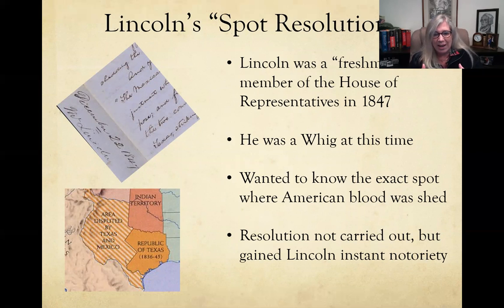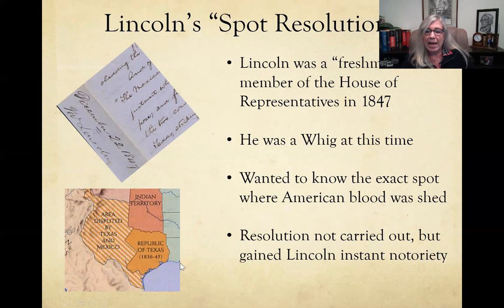He's questioning how all of this goes down, right? Was this some sort of staged event that would justify the war that Polk would want? As a Whig, Lincoln's demand becomes known as the spot resolution, and I would write that down, because this is the first time that we see Lincoln making national ripples, demanding to know where the blood was actually shed.